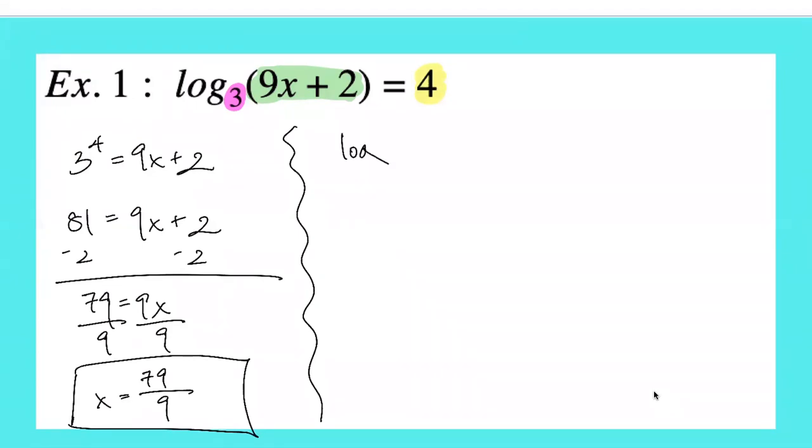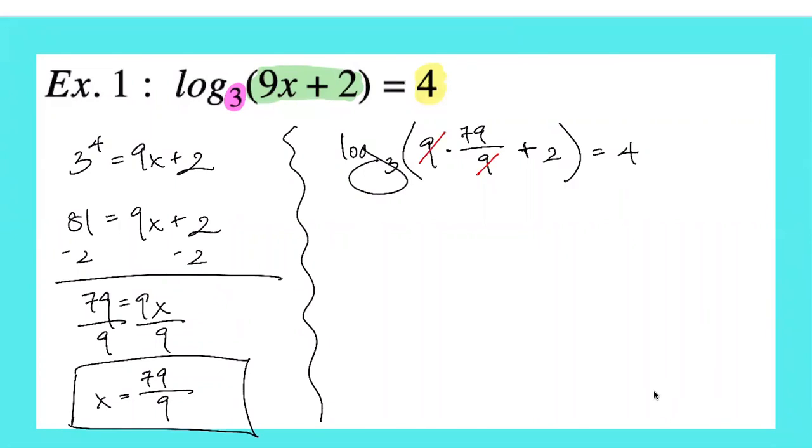So log base 3 of 9 times 79 over 9 plus 2 equals 4. Okay, now let's take this step by step here. This 9 and this 9 reduced to 1, because 9 divided by 9 is 1.